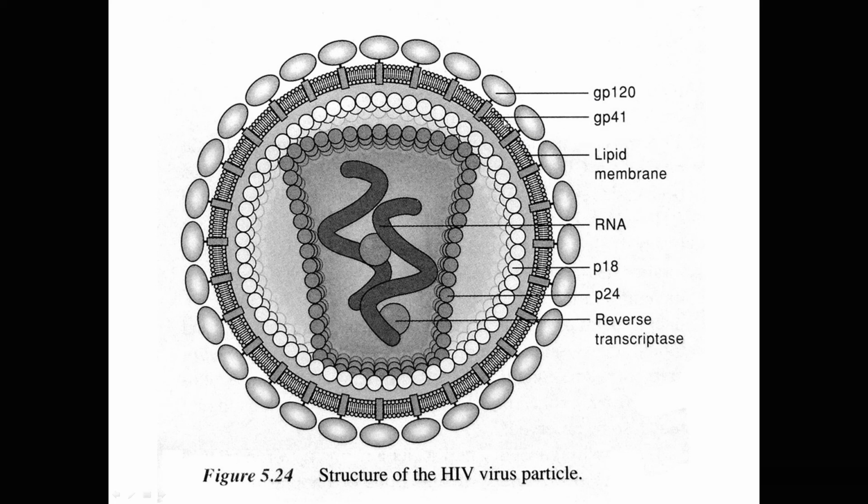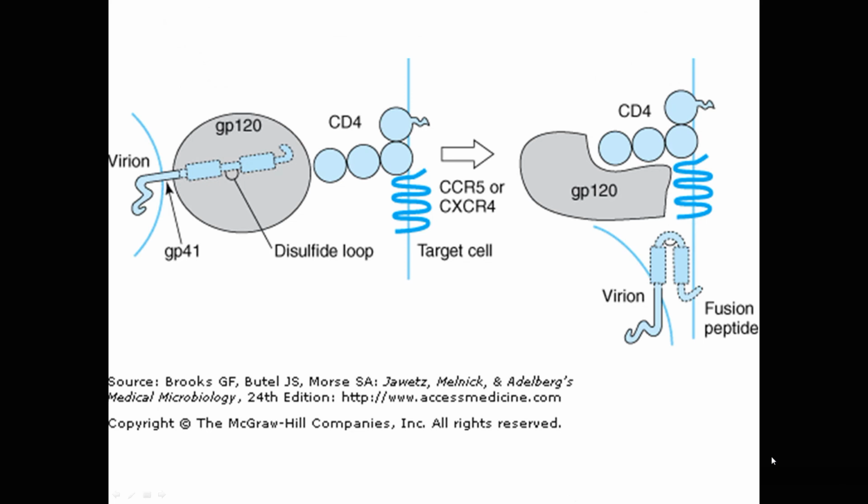Glycoprotein 41 is bound to the glycoprotein 120. The exposure of this molecule after binding, this is here the binding of the glycoprotein 120 to the CD4. This is the complete binding.